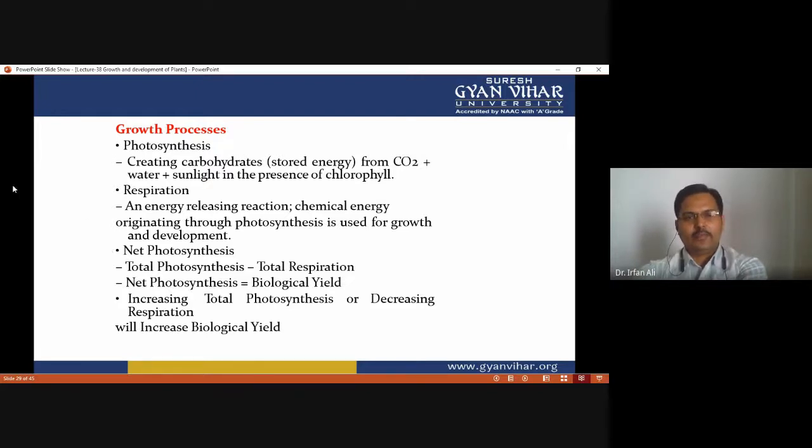So finally, the total photosynthesis carried out by the plant minus the total respiration carried out by the plant is equal to the net photosynthesis. That particularly is equal to the biological yield, on which the whole ecosystem depends. And increasing total photosynthesis or decreasing respiration will increase biological yield.